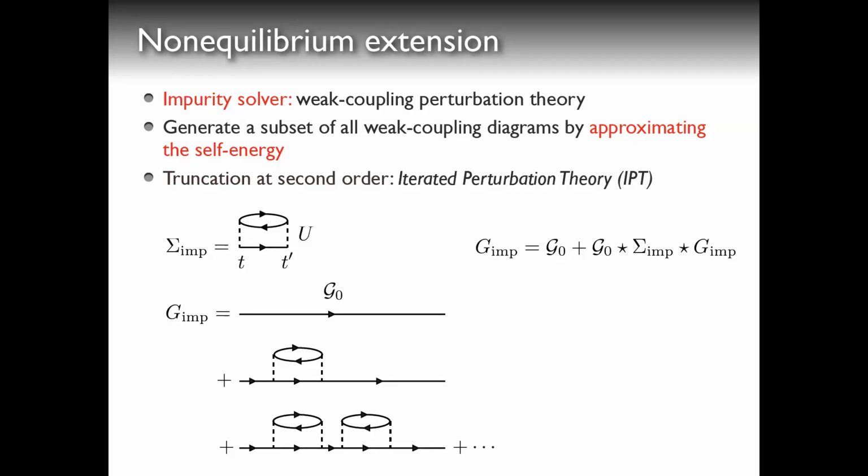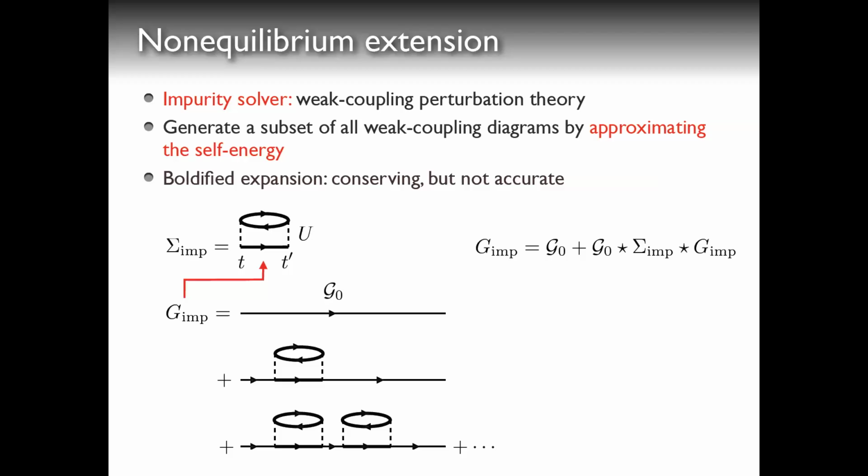perturbation theory. We can also boldify these diagrams by replacing the Green's functions in these diagrams by the interacting Green's functions. That corresponds to summing up a larger class of diagrams, but more diagrams does not necessarily mean a better approximation.